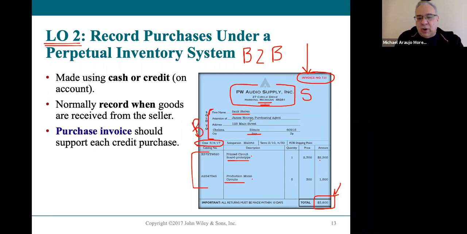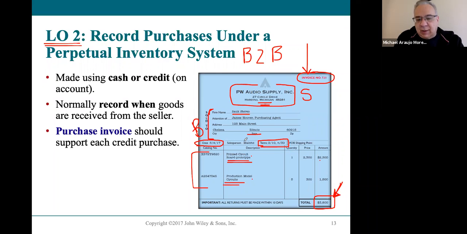Okay, so when Sock Stereo gets this box, they're going to open up the box. They're going to find the circuit board and circuits, and they're going to find this invoice showing that they have this bill to pay. Okay, so one of the important things to note is all invoices will have terms, which means these are the terms of payment.